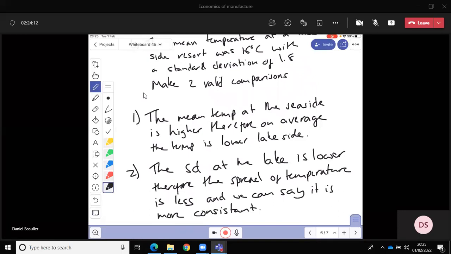So the lower the standard deviation, the less the temperatures are spread out. Okay, so that's two examples.